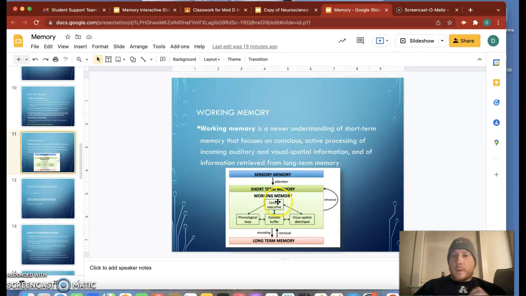With working memory, you have to work with the material, whether it's discussing it, writing it down, or taking part in an activity. You have to do something with that information, and it can't just be passive like reading.